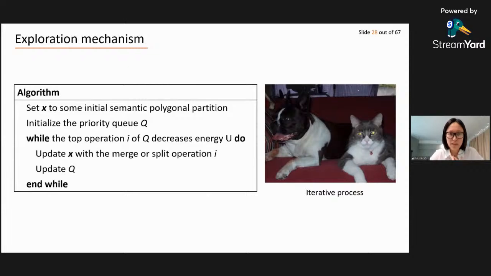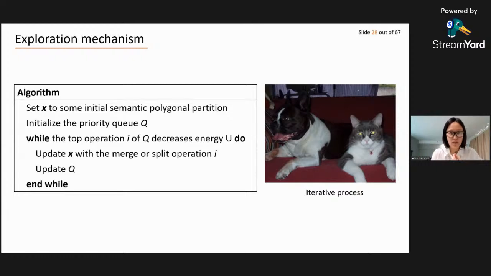To sum up, the algorithm departs first from an initial semantic partition associated with a priority queue as described before. The exploration mechanism iteratively refines the partition in a greedy manner. The algorithm stops when there is no more operation that can lower the energy.